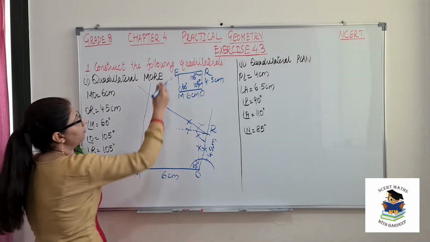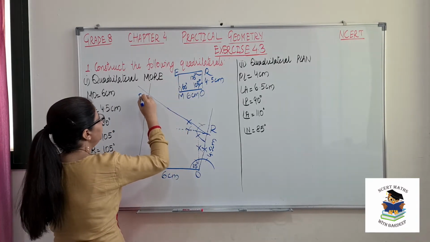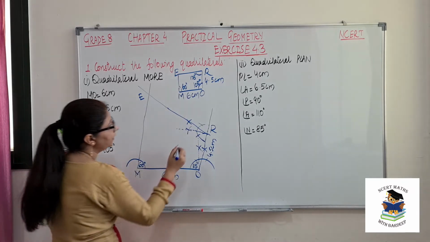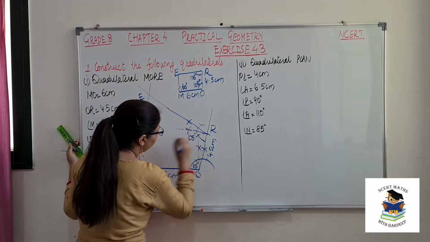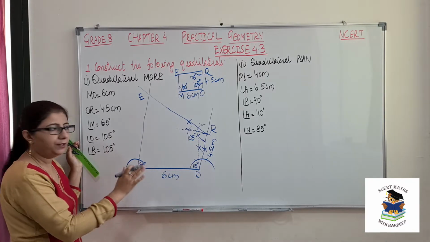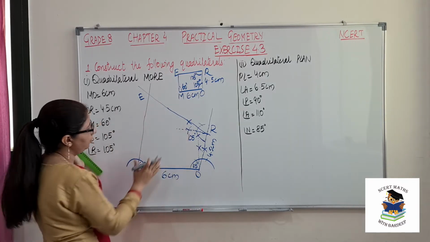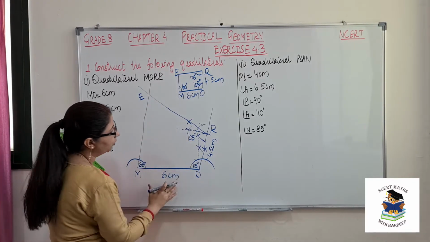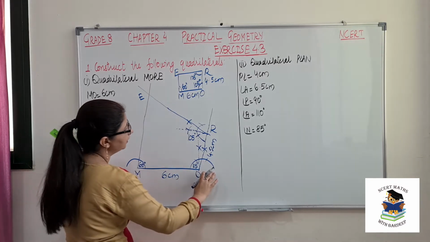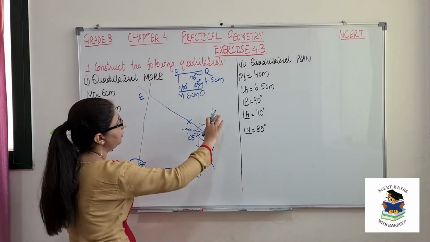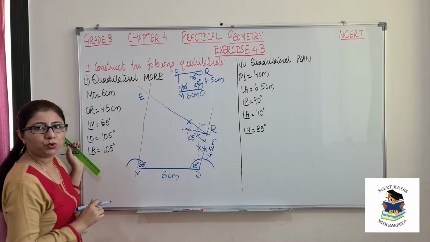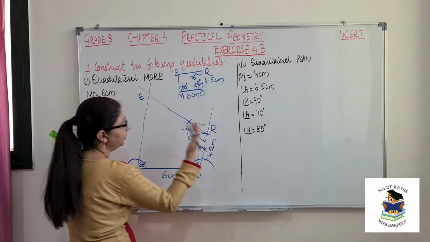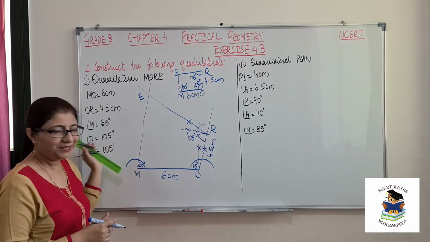They will meet somewhere and that vertex will be E. So this is 105 degree. So we have our quadrilateral MORE, where angle M is 60, MO is 6 centimeter, angle O is 105 degree, angle R is also 105 degree and OR is 4.5 centimeter, right?